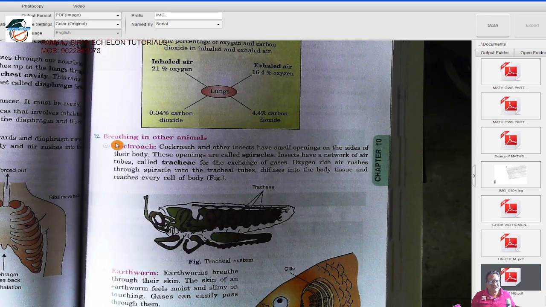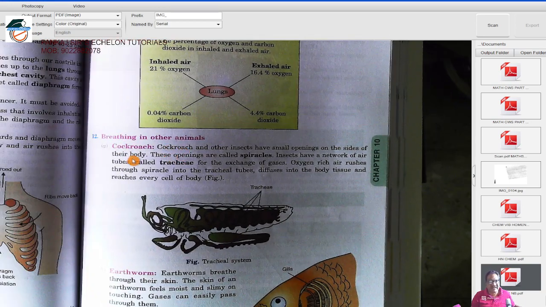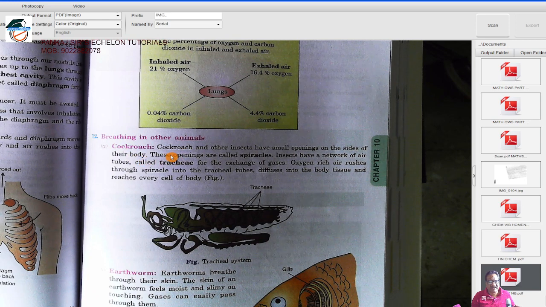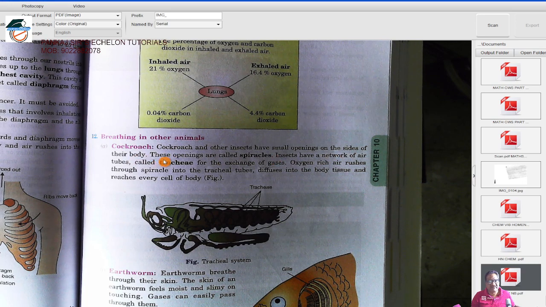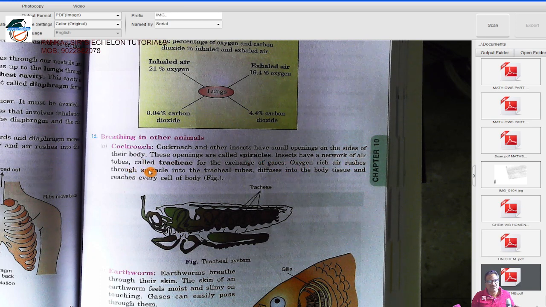Can you see? Breathing in other animals. About cockroach it is written here: cockroach and other insects have small openings on the sides of their body. These openings are called spiracles. Insects have a network of air tubes called trachea for the exchange of gases.